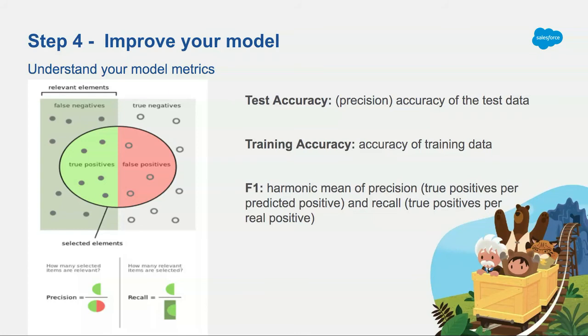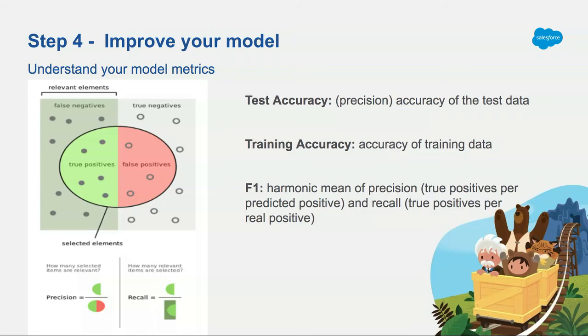Those are the correct predictions. Everything that's outside of the circle and colored in, those are false negatives, because the model didn't get them right, but it should have. And then everything that's in the circle and wasn't predicted, those are false positives. Everything outside of the circle and not colored in, those are true negatives.